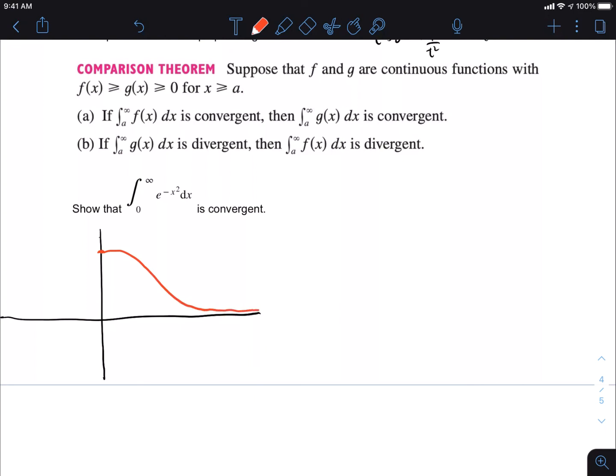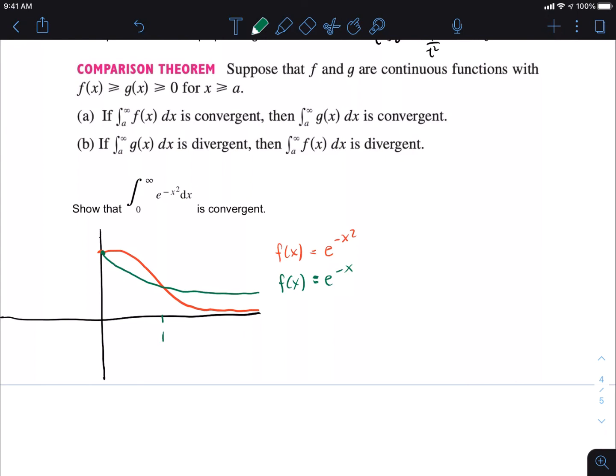This red one is the graph for f of x equals e to the negative x squared. The green one is going to look like this. The important thing is that at 1, they have the same value, and this function would have been e to the negative x, right?